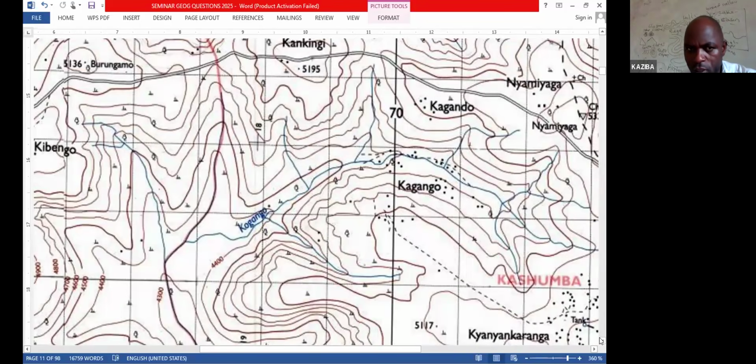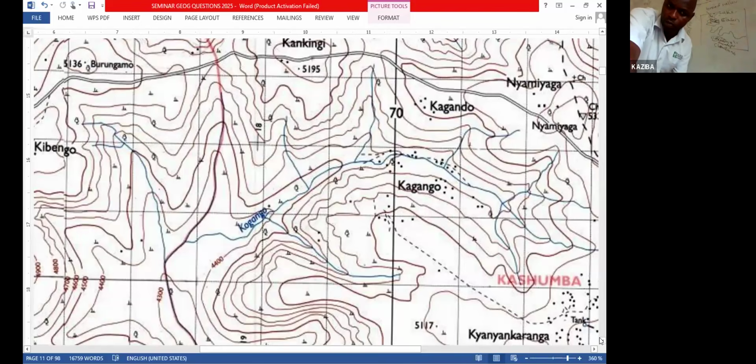Look at the contour through which it is flowing. The contour is U-shaped like this. Are you seeing? So the river is doing like this. So you say rivers flow through broad valleys. You give us the name of a river: River Kagango flows through broad valleys.